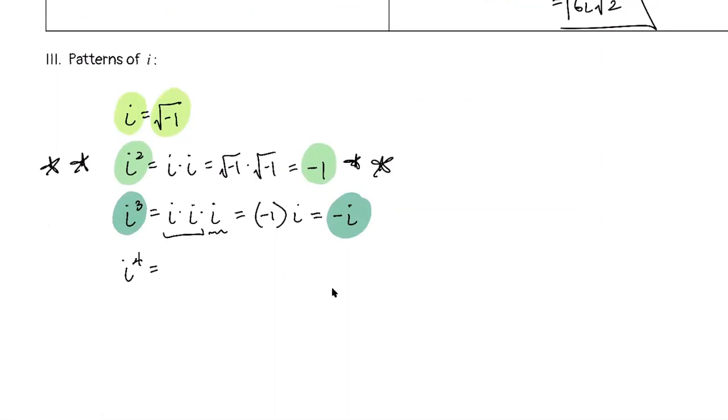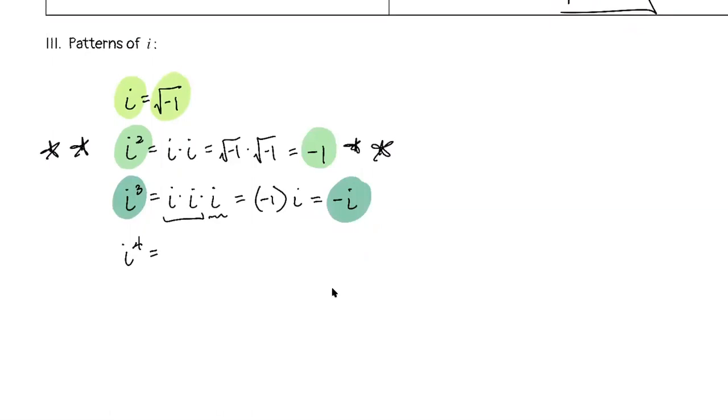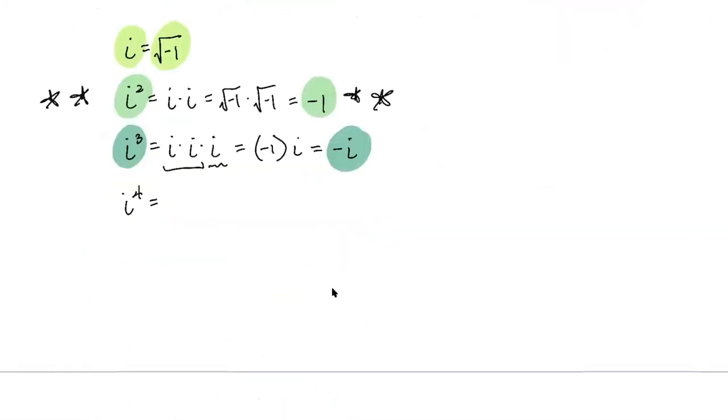And last but not least, i to the 4th. I can say that as i times i times i times i, which is -1 times -1, which gives us 1.